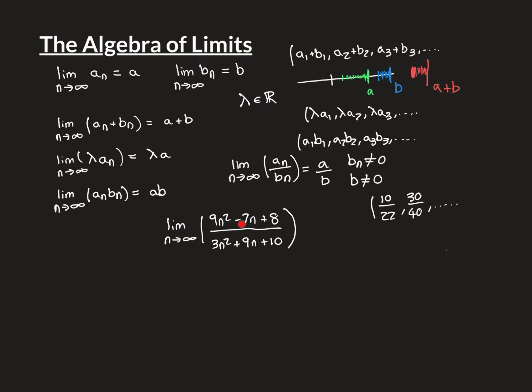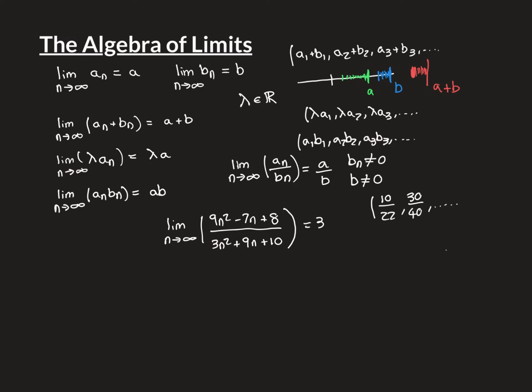So they're going to dwarf these linear terms, and these linear terms are actually going to become pretty irrelevant. So the top number really will just become 9n squared, and the bottom number will really just become 3n squared. So really, the ratio between the numerator and the denominator is going to converge to just the ratio between 9n squared and 3n squared, which is just 9 over 3. So the limit of this is 3.